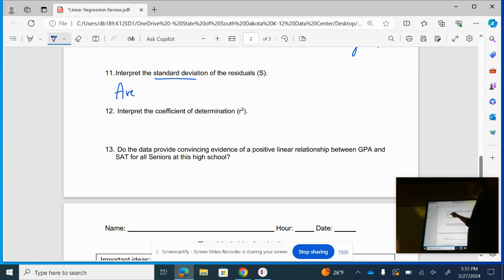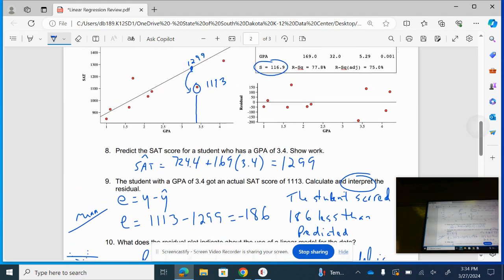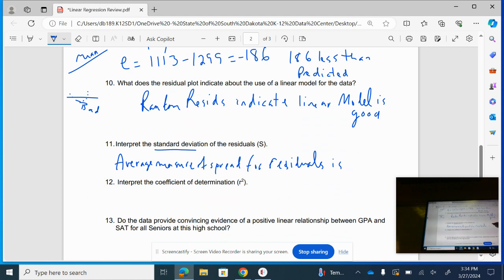So the average measure of spread for the residuals is, I forgot it already, 116.9. I had it, I just didn't trust myself.